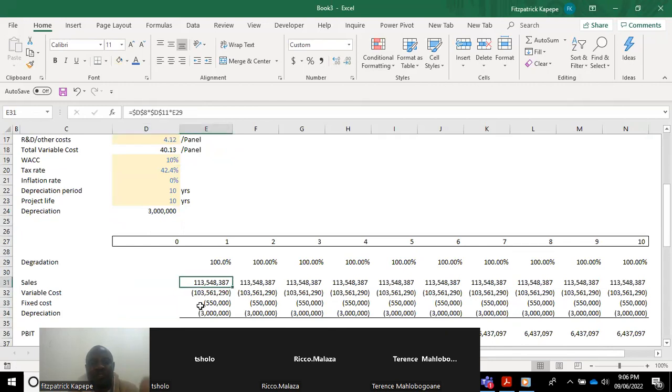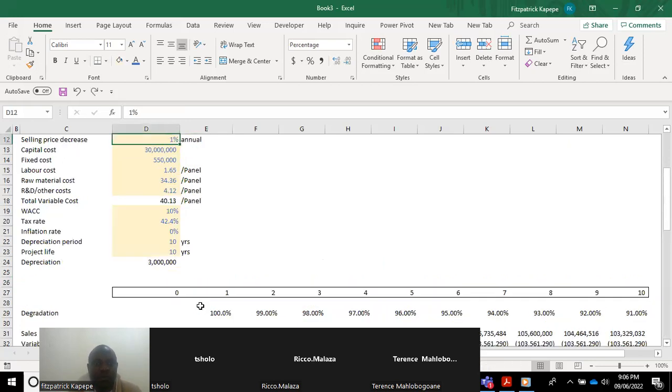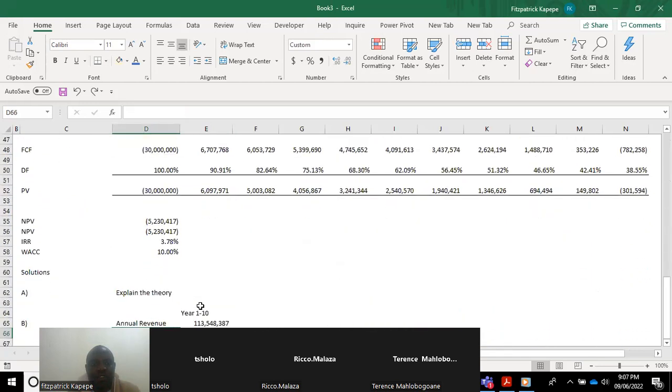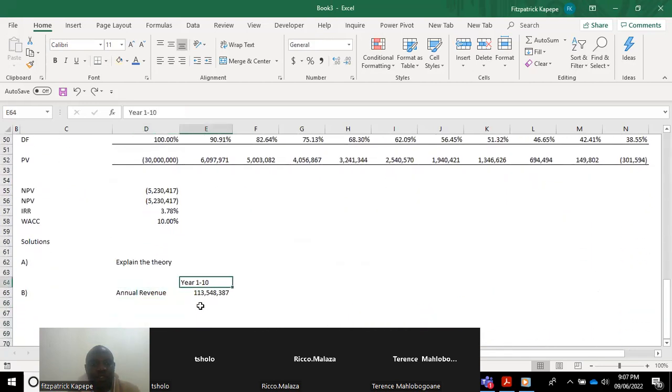So it's as good as if I pick that, then I know that it's okay. Discounted. So on annual revenue, from year 1 to year 10, we'll have the 113.